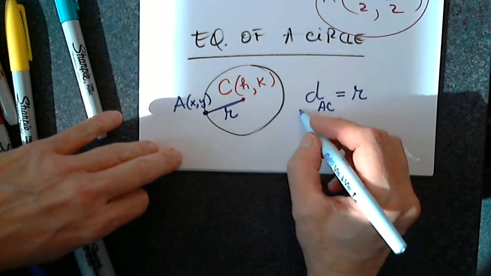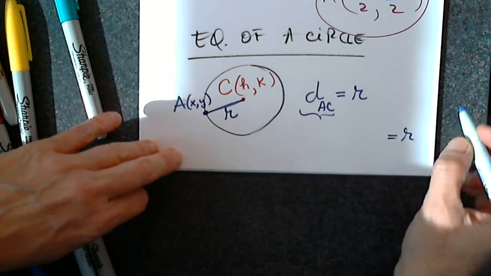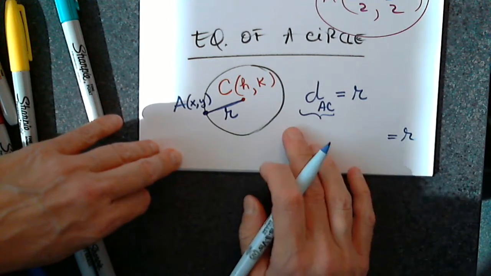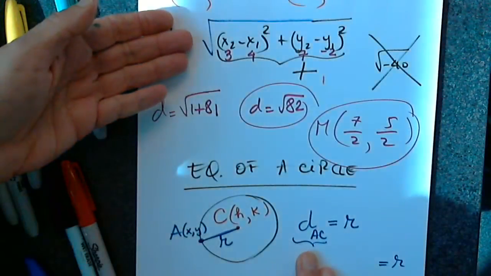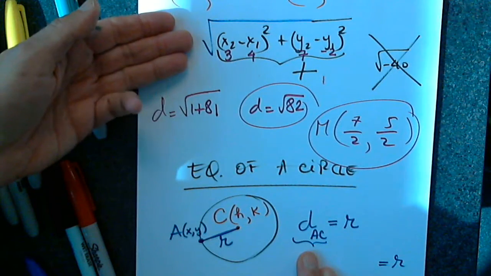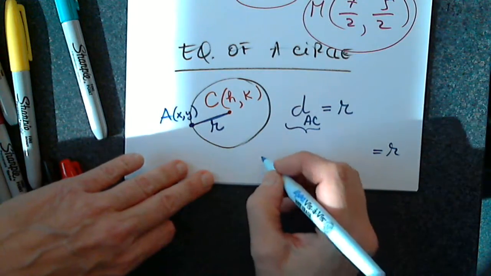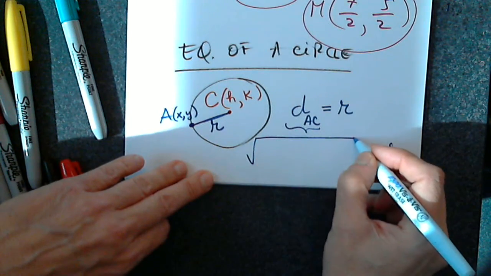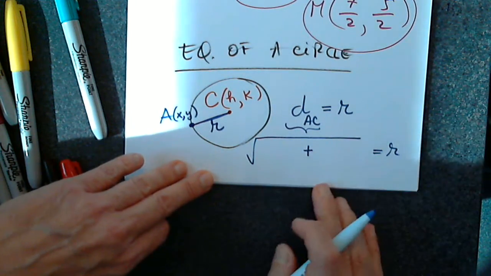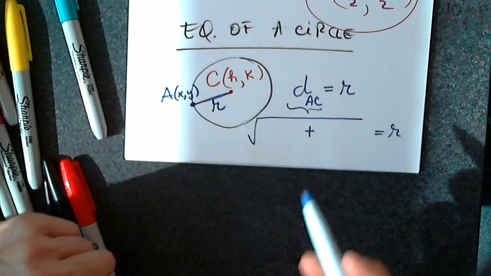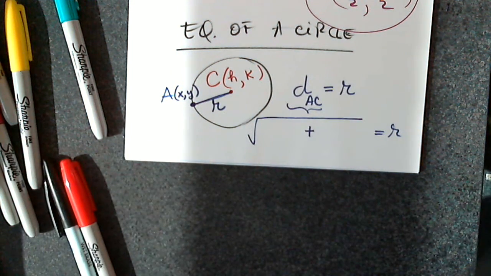Okay. Now I copied the radius on the right-hand side. I would like you to use the distance formula on the left-hand side, in order to represent the line segment AC.